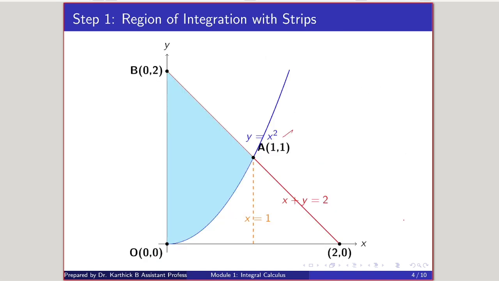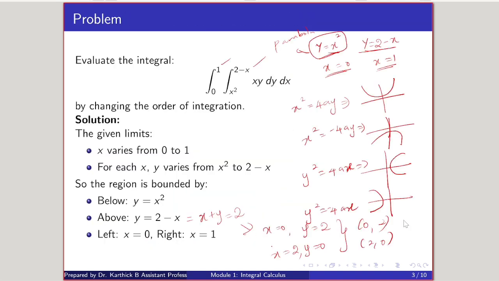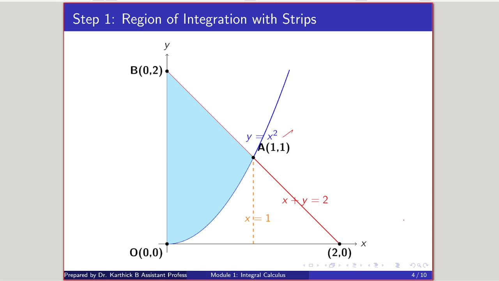And the next, y varies from x square to 2 minus x. Of course 2 minus x is a linear equation, so we may get two points, and while plotting these two points, I am getting the line.